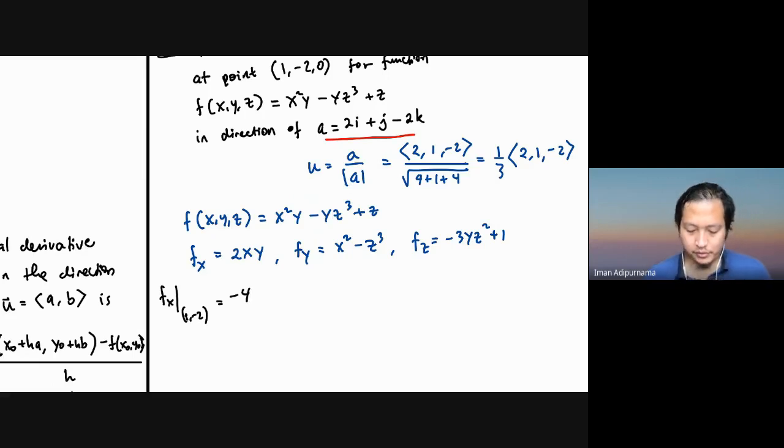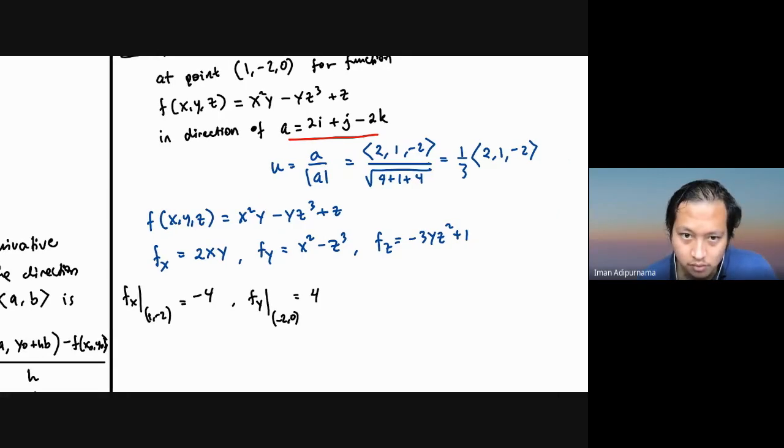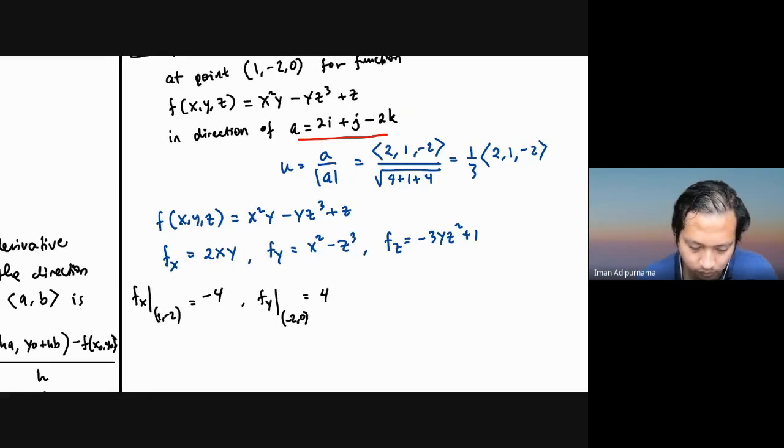It becomes -4. Oh, wait, it should be wrong.